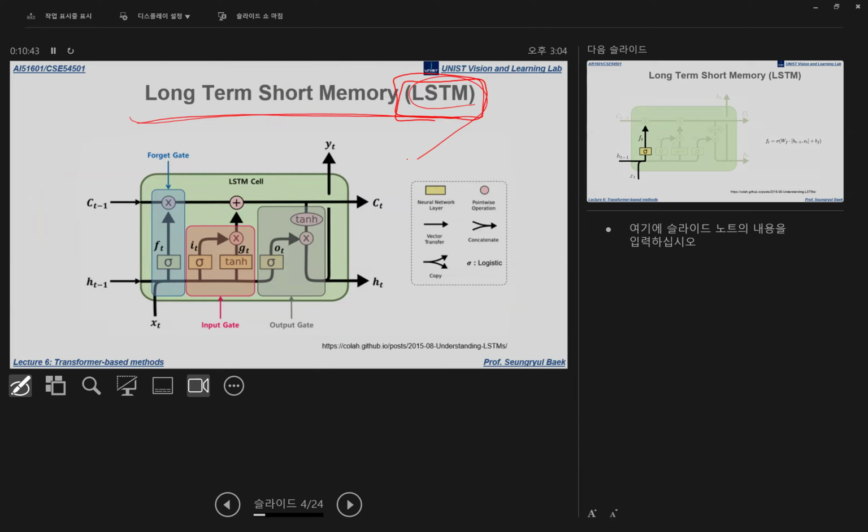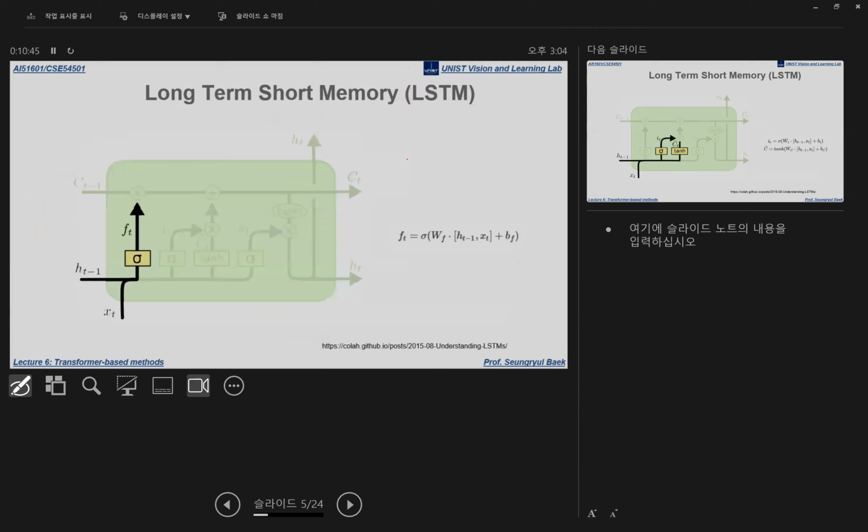And their idea is that they explicitly control what to forget and what to retain. So that's the strategy proposed in this LSTM algorithm.